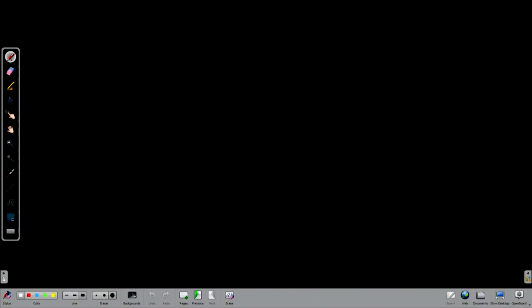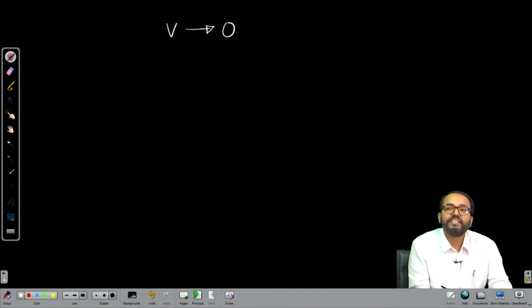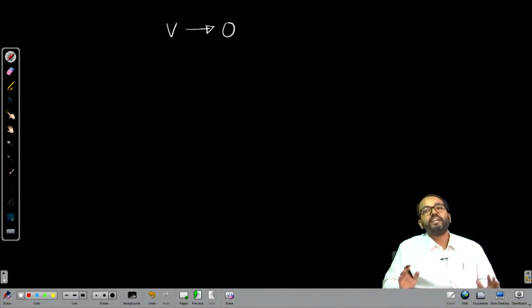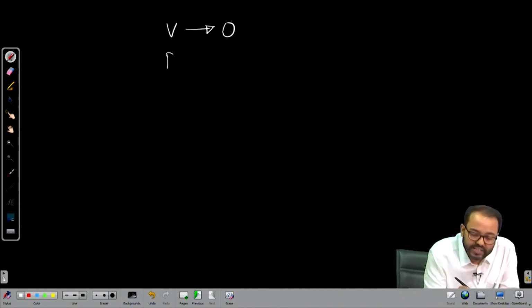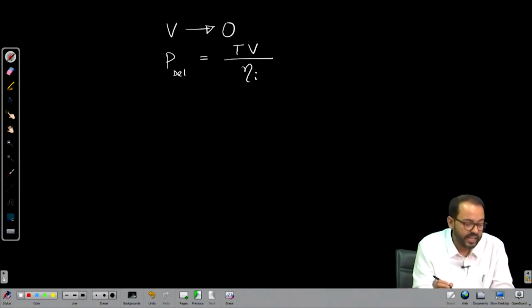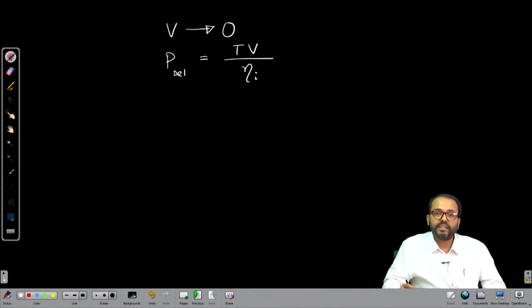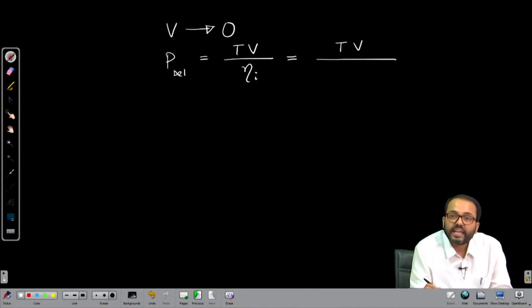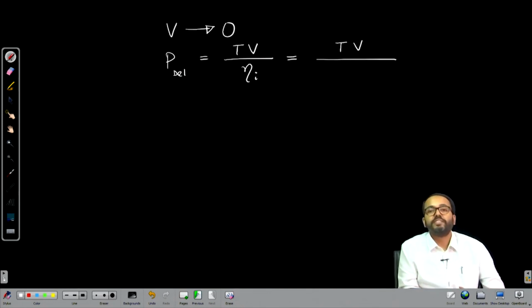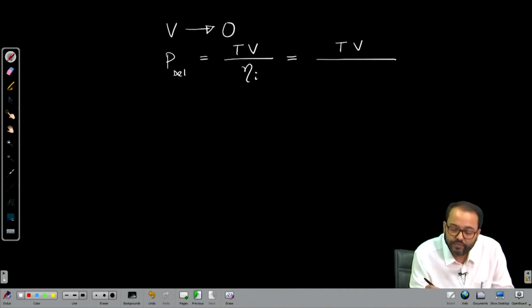Now, let us say we have the forward velocity V is approaching 0. We take a limiting condition where V is approaching 0. Now, what is the power delivered? It is equal to T into V divided by eta I, right. Now, if we write this eta I as a function of CTL, the thrust loading coefficient, what will it be?